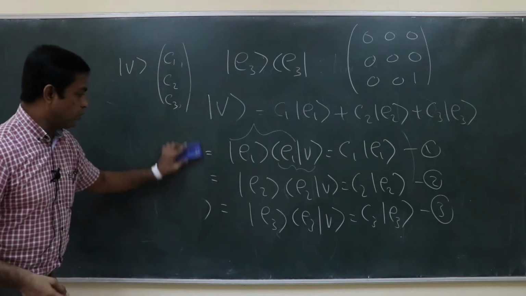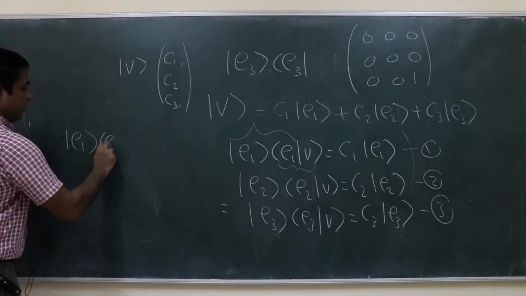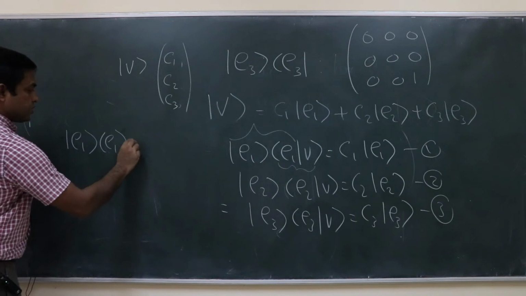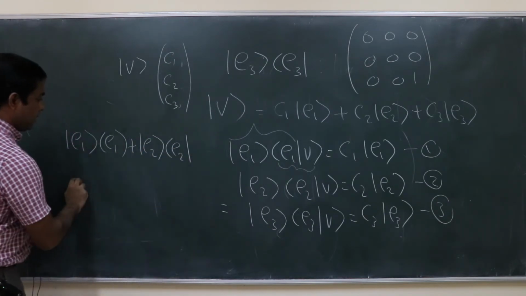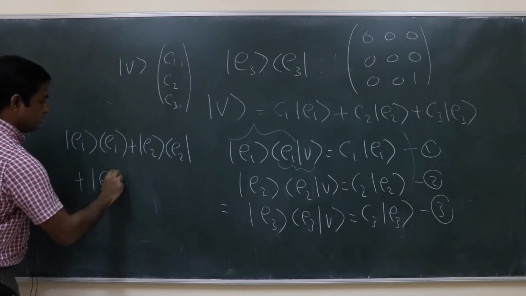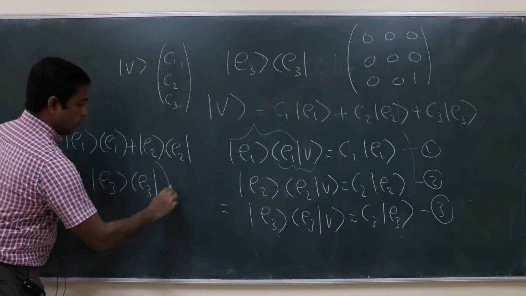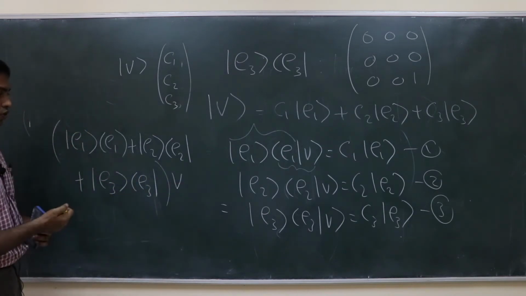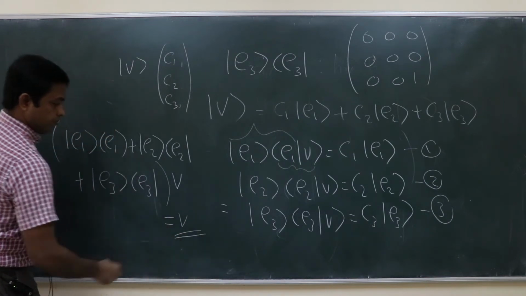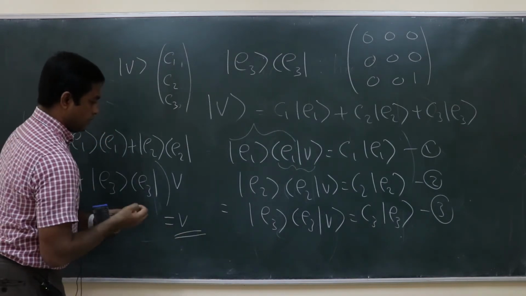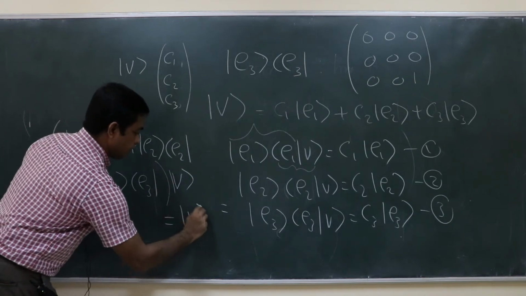That basically means ket E1 bra E1 plus ket E2 bra E2 plus ket E3 bra E3 acting on V will give you ket V itself.